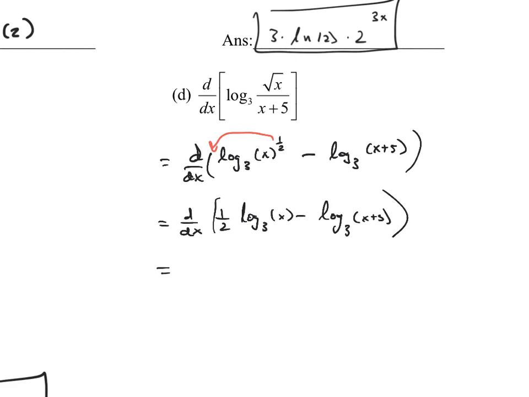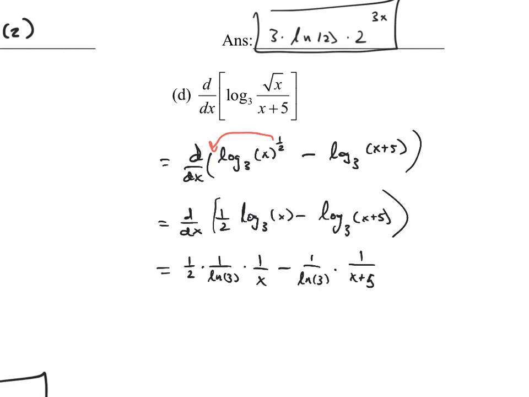Now I can find the derivative. 1/2 is a constant multiple, so I keep that there. Derivative of log base 3 of x is 1 over the natural log of 3 times 1 over x minus the derivative of log base 3 of x plus 5, which is 1 over the natural log of 3 times 1 over what's on the inside, which is x plus 5.